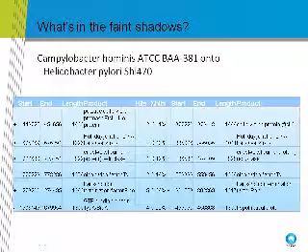So what's in those little shadows? Well, here I took that Campylobacter and that Helicobacter, quite unrelated organisms, and said, gee, they share a very few 25-mers. What do they actually share? Where do those sharings come from?